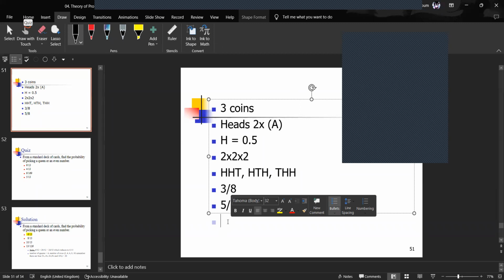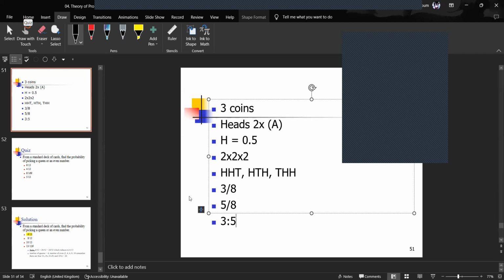So the ratio for 2 heads happening is 3 to 5, which is it happens 3 times and doesn't happen 5 times. Or the ratio against it is 5 to 3. Now, please bear in mind that ratio is completely separate from probability, because with probability, you're looking at how many times does event A happen out of all 8 events, whereas with ratio, you're looking at how many times does event A happen against not getting event A. Okay? Hope that was clear.